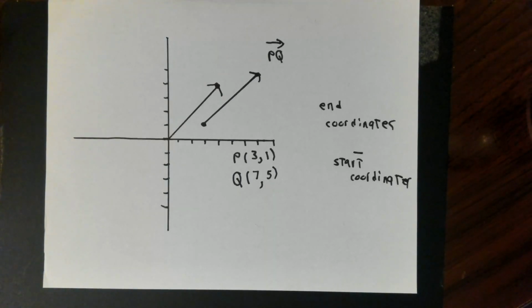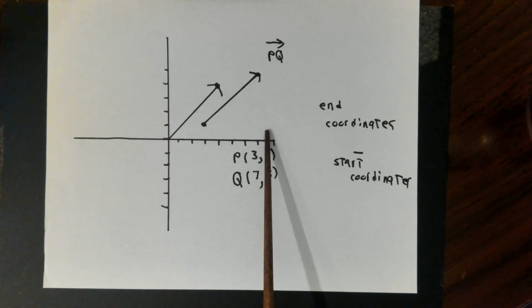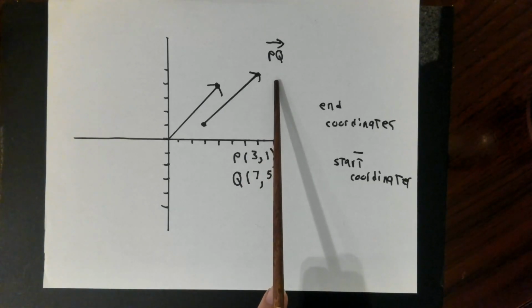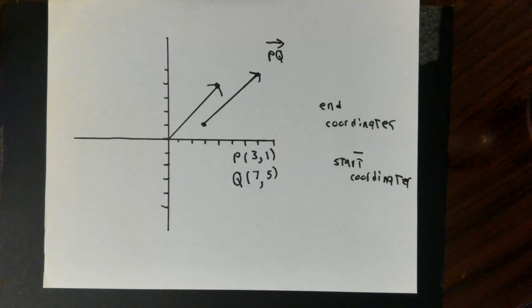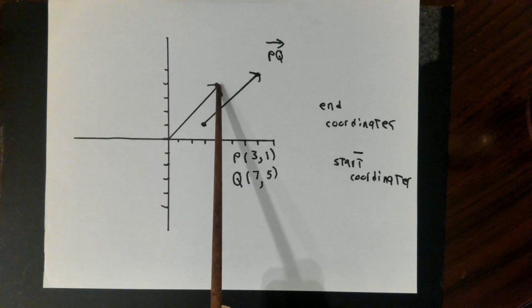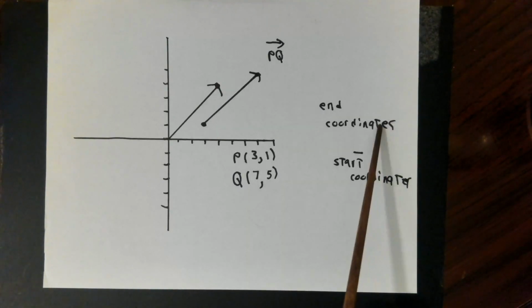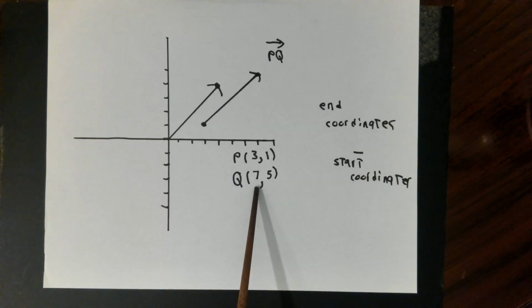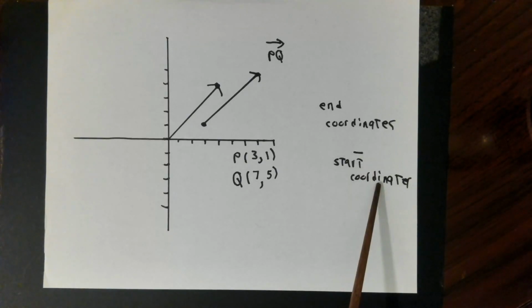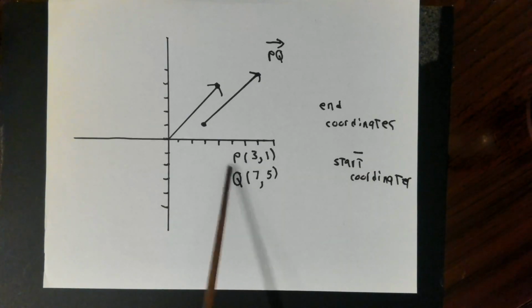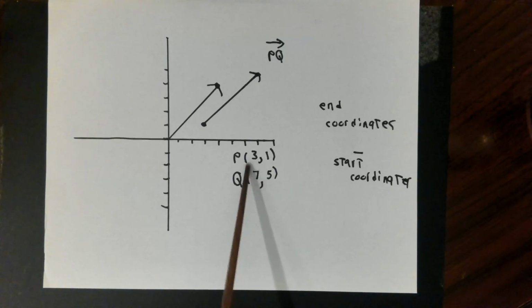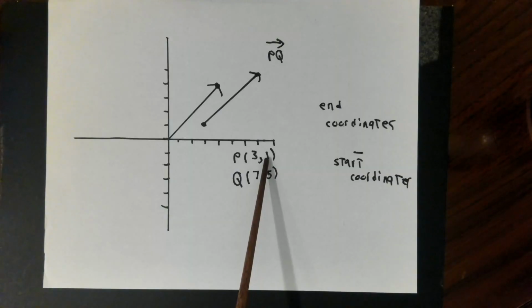If I were to take a vector that's equivalent to P to Q, then what I would do is start wherever it is I start at, increase the x-coordinate by 4, and increase the y-coordinate by 4. This leads us to our little formula that says the way that we're going to find the coordinates of this endpoint is the coordinates of the point at the end, the Q, minus the coordinates of the point at the start, P. 7 minus 3 is 4. 5 minus 1 is also 4.